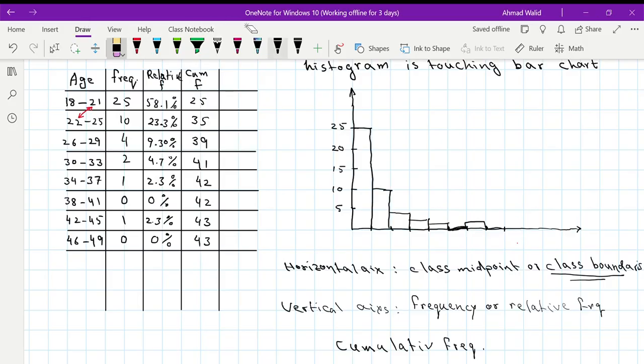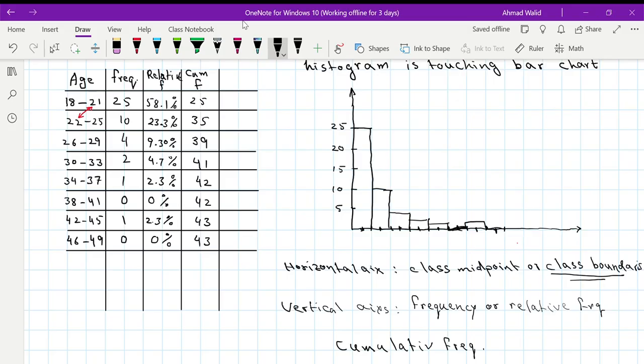You always mark your midpoints. Here is my midpoint. Here is my midpoint. Here is my midpoint. Here is my midpoint. Here is my midpoint. Midpoint. Midpoint. Because before you calculated your midpoints, you write those numbers on your horizontal axis.